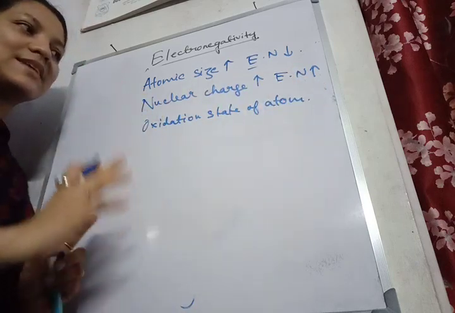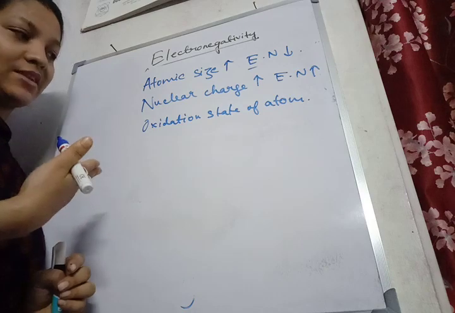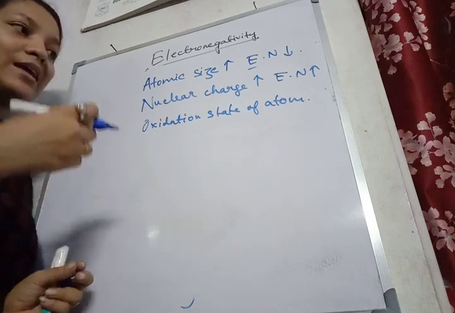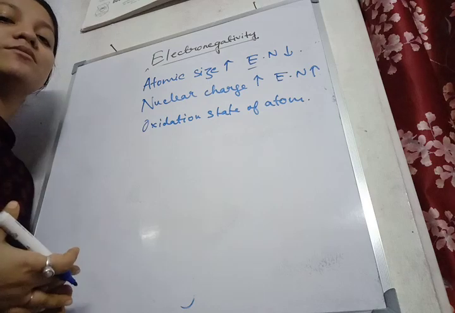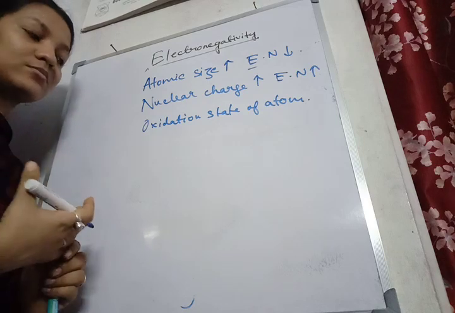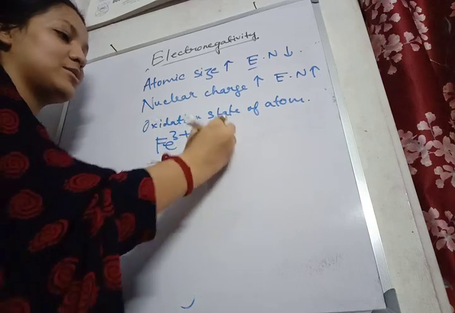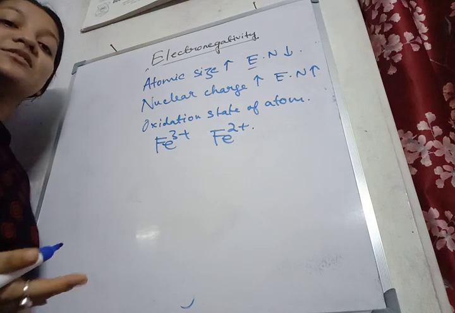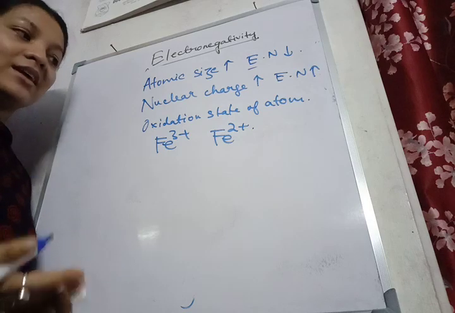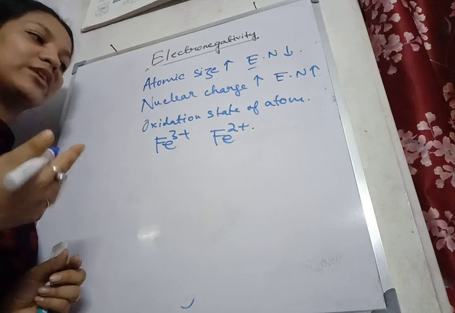Now oxidation state is actually the valency of an atom with sign, either positive or negative. If an atom is in a positive oxidation state, then its electronegativity value shows an increase. For example, if I take Fe3+ and Fe2+, with increase in positive oxidation state, that particular atom or ion is electron deficient, right?